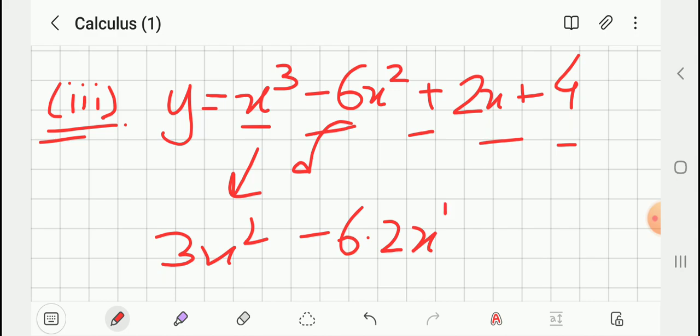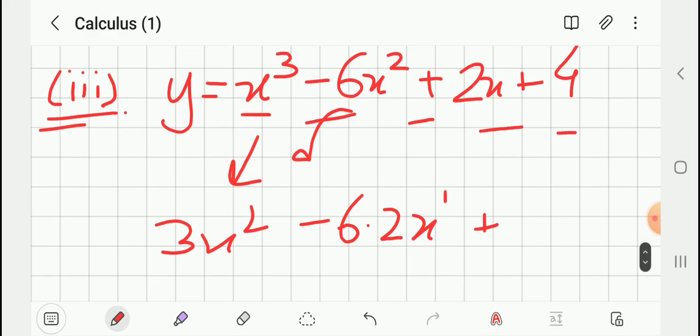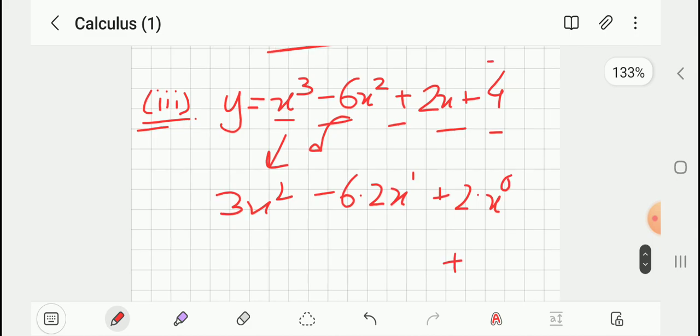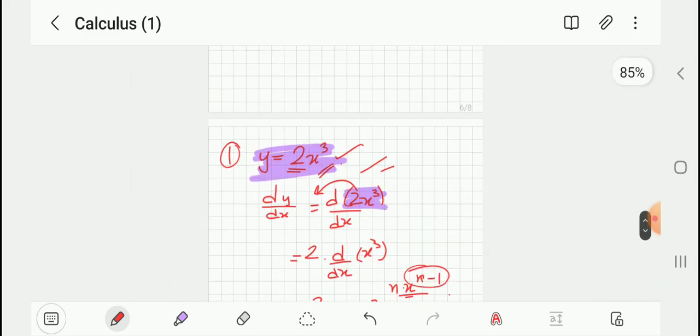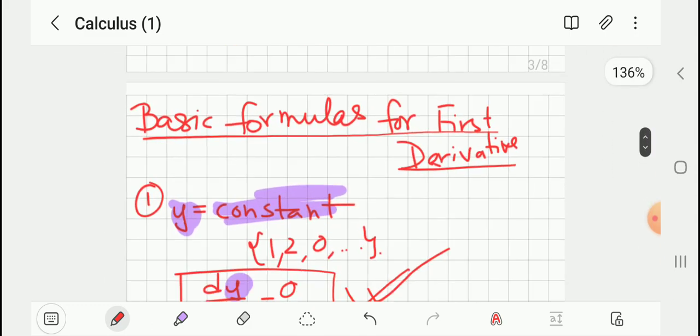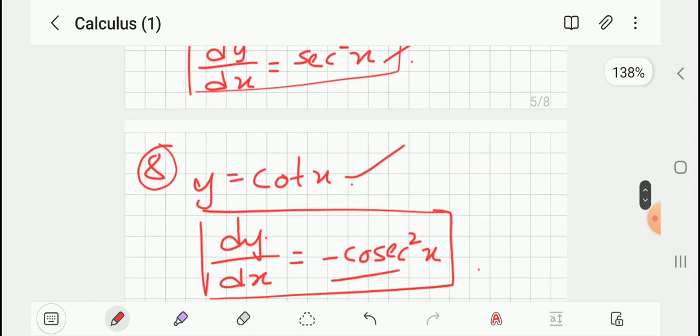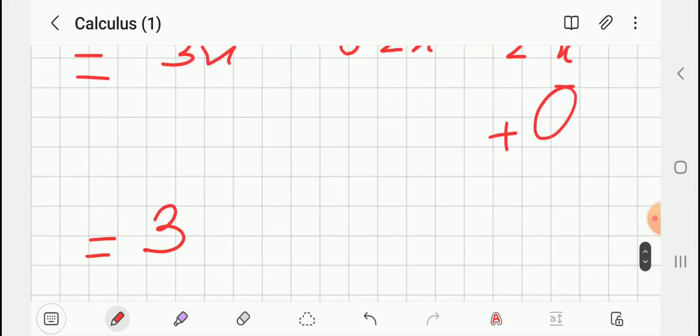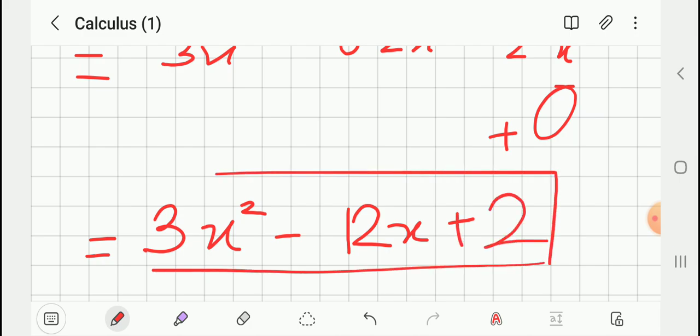Then plus 2x: 2 comes out, 2 into x to the power 0, which is 1. Then plus 4: here 4 is a constant, so its value is 0, as we have seen earlier that the differentiation of a constant is always 0. On solving further, we get 3x square minus 12x plus 2. This is the final answer.